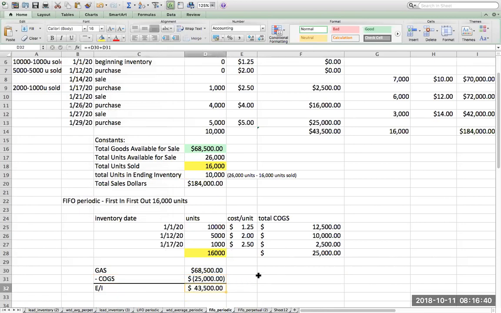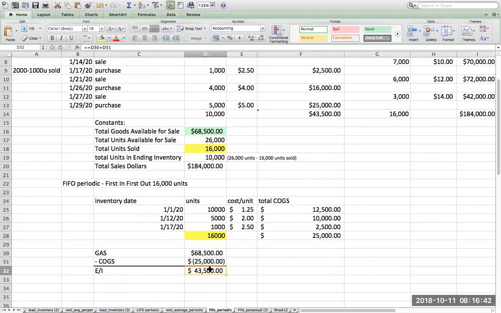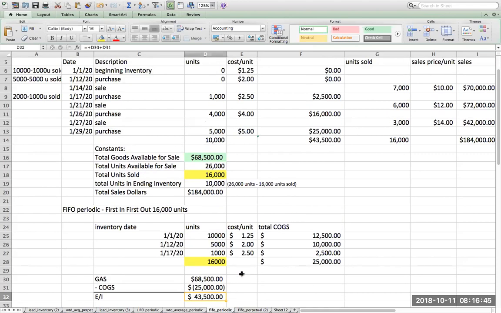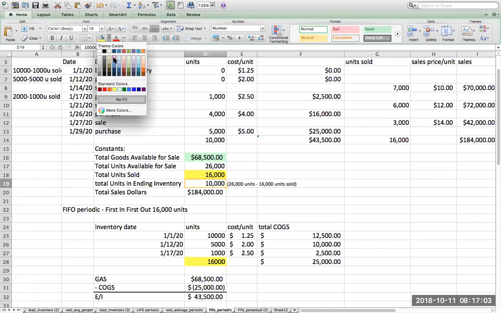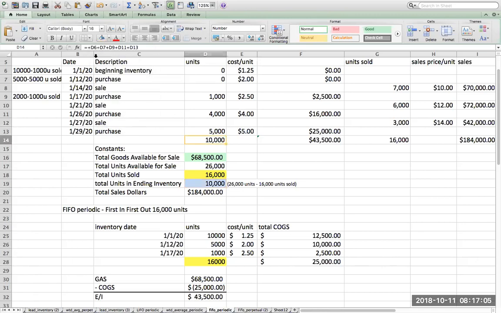How can I check to see if this amount was correct? Well, I would look at my ledgers and see what I had remaining in my ending inventory. I see that I had 1,000, 4,000 units from the 26th, 5,000 units from the 29th, so this number right here is going to be 10,000.